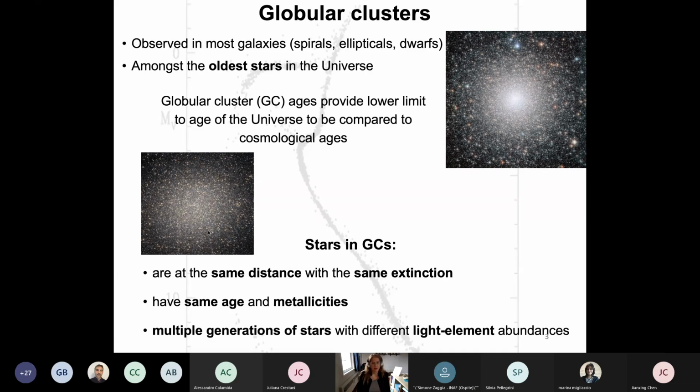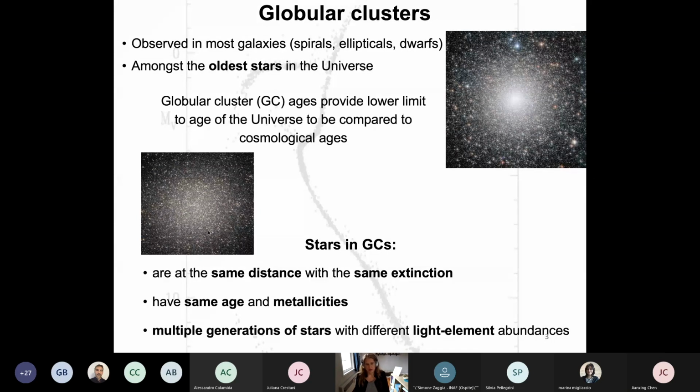About 20 years ago, a little bit more, when I was starting my master's degree thesis at the University of Tor Vergata, we were thinking that globular clusters were simple stellar populations, so all the stars were at the same distance, with more or less the same extinction, at the same age and metallicity.